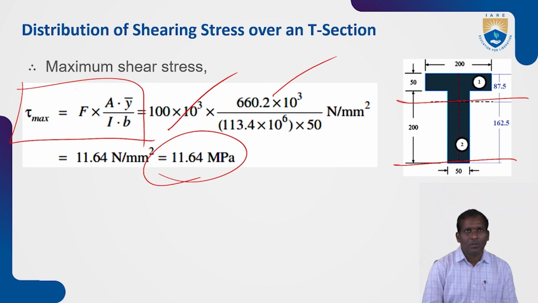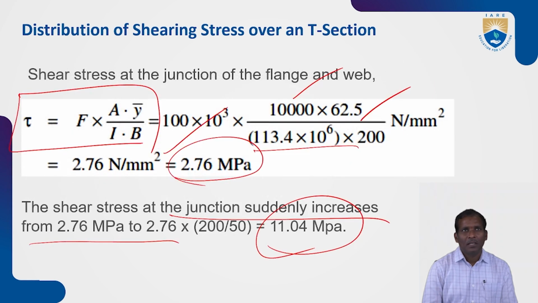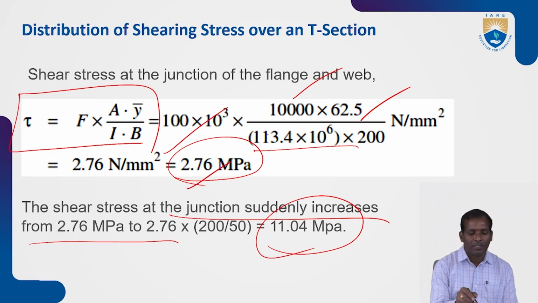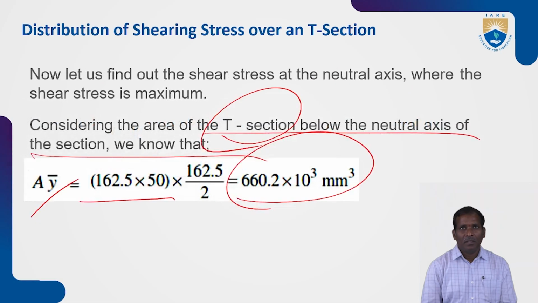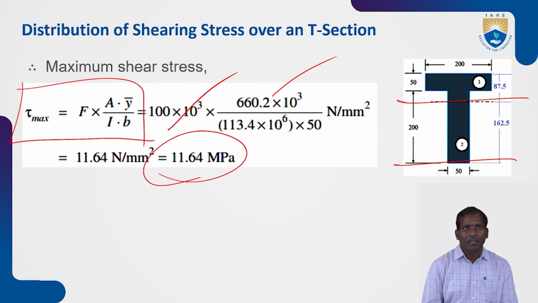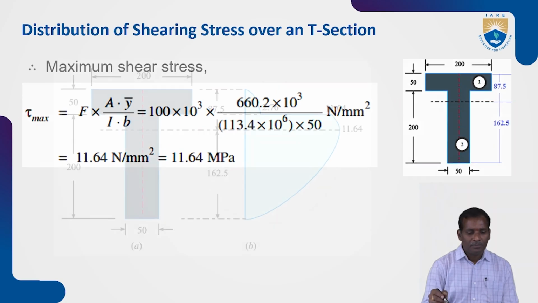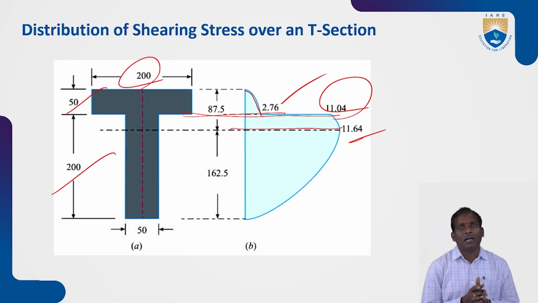We obtained the 11. So the shear stress at the junction of the flange and web is 2.76. Then it suddenly increases to 11.04 megapascal. Clear? So here we calculated 11.64 megapascal, and now draw the shear stress distribution, what is asked in the problem.